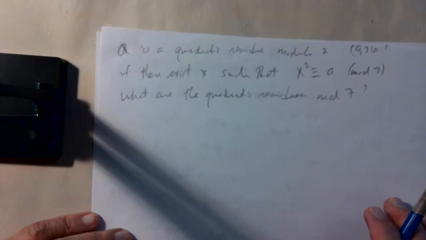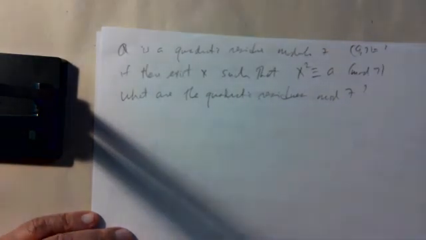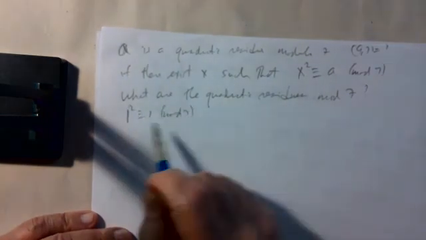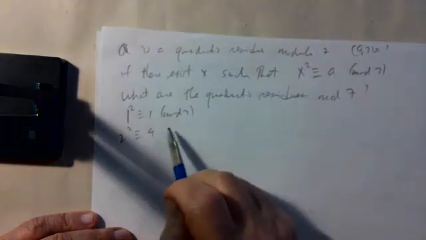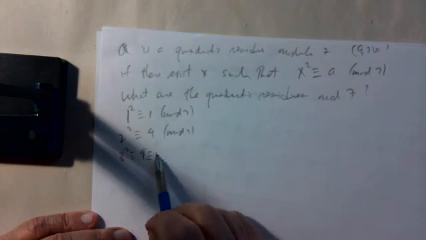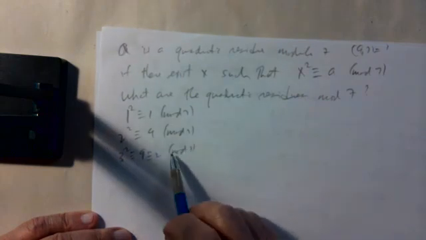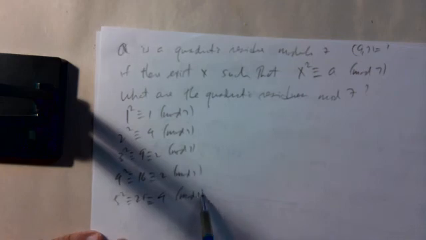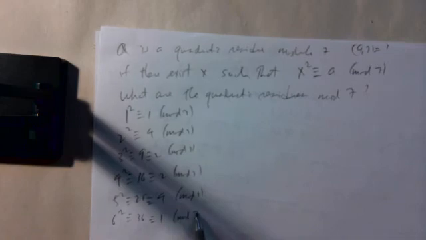So let's see, the simplest thing to do is maybe just look at the perfect squares. So 1 squared is congruent to 1 mod 7. 2 squared is congruent to 4 mod 7. 3 squared is 9, which is congruent to 2 mod 7. 4 squared is 16, which is also congruent to 2 mod 7. 5 squared is 25, which is congruent to 4 mod 7. 6 squared is 36, which is congruent to 1 mod 7.